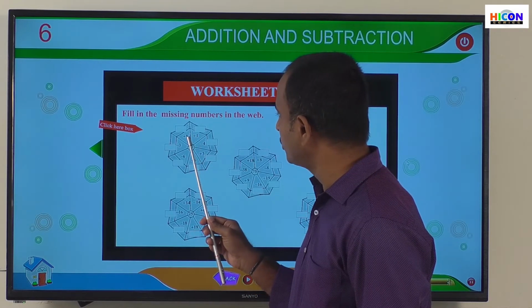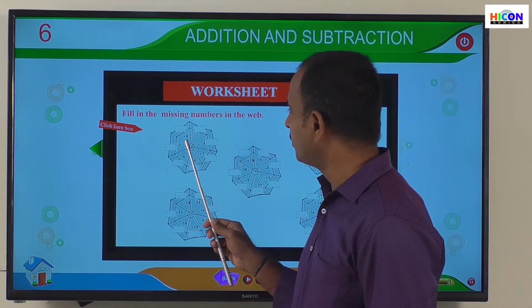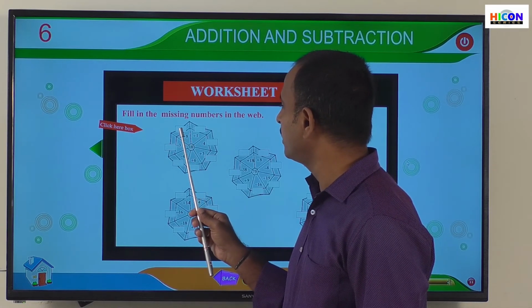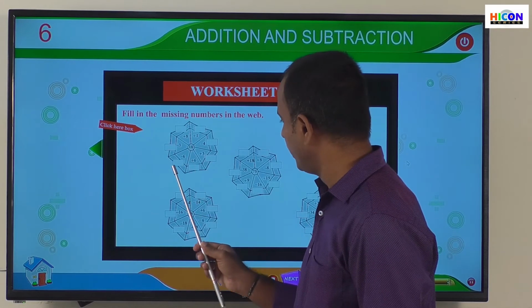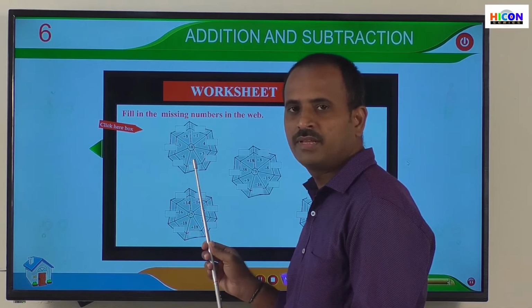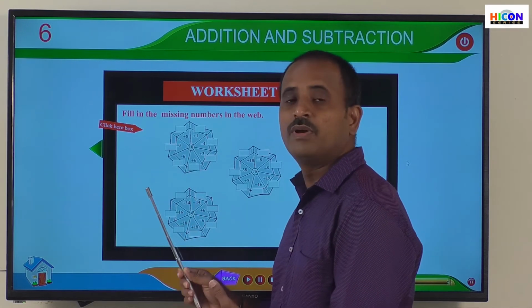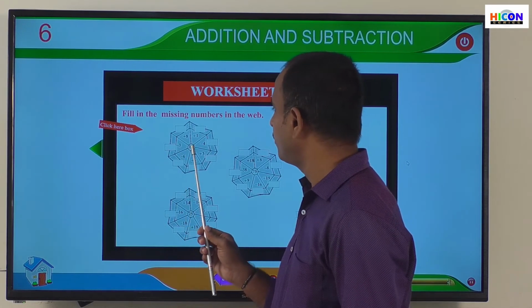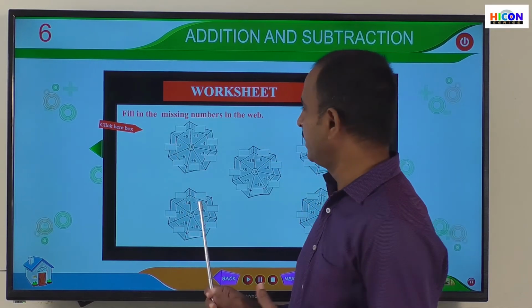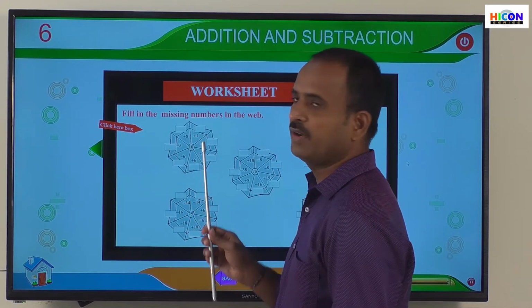In the same way, the next one is plus 8, so you have to add 8 to 10 and write the answer in this box. Similarly, if there is a plus, you have to add that number to 10, and if there is a minus, you have to subtract that number from 10 and write the answer in that box. Let us start from the number 1.